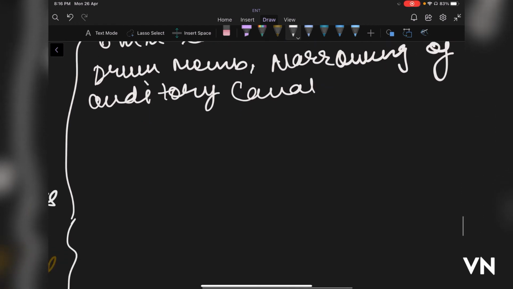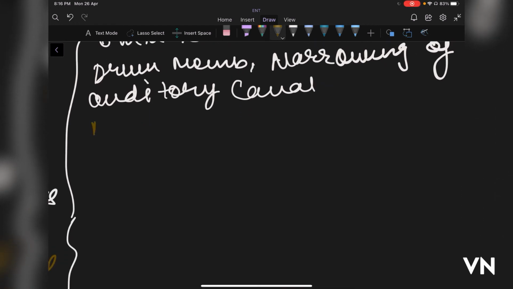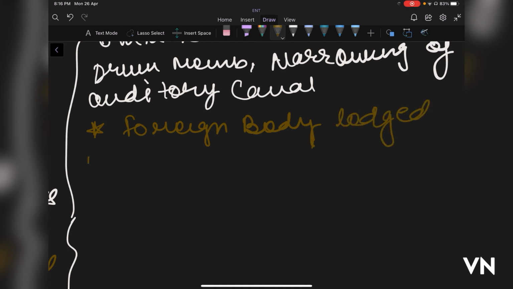Now, why is it clinically important? Because if there is any foreign body which gets lodged medial to the isthmus, that is, this was your isthmus, right?